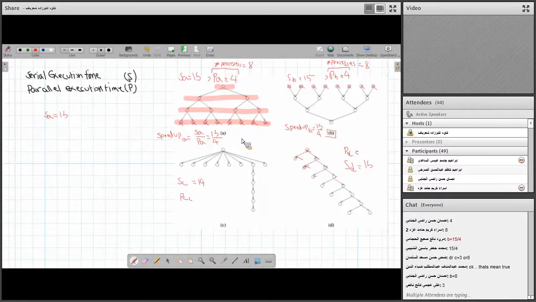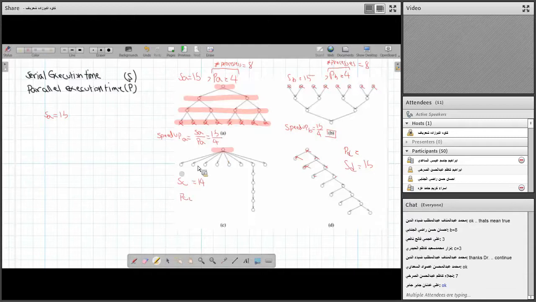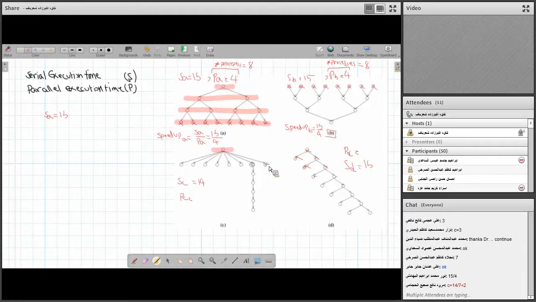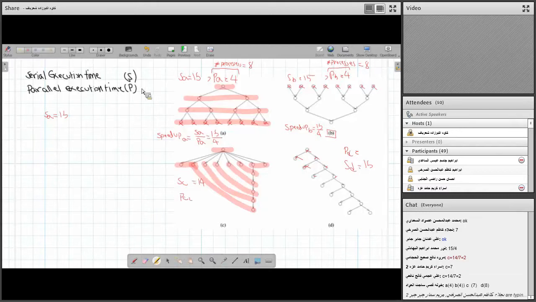Okay, and for the C figure, one process executes this level, and one process executes this, this, this, this, this, this. How many steps? 1, 2, 3, 4, 5, 6, 7.